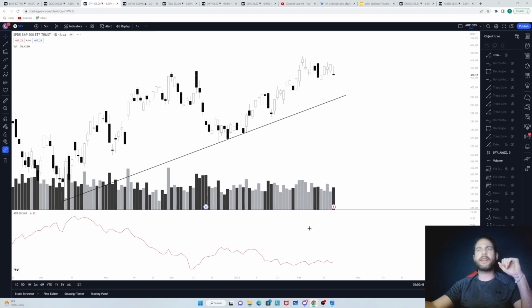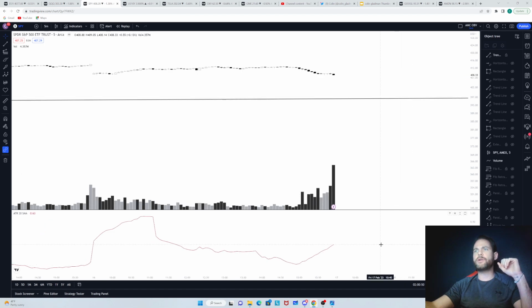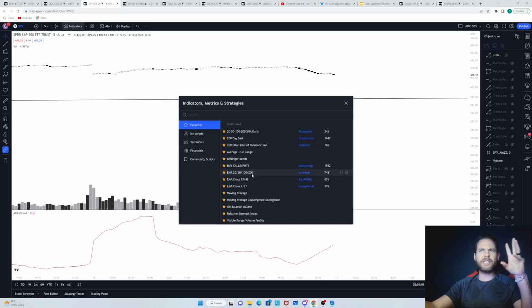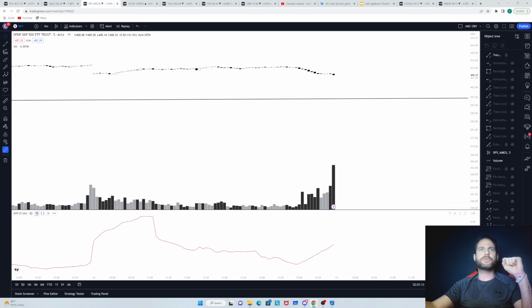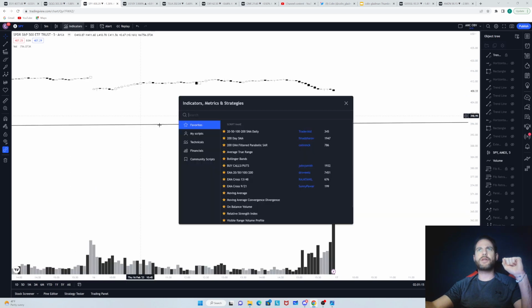The average true range will change with the time frame. If I'm making a smaller intraday trade on the 5 minute candles, the average move over the past month is about 0.63. Like I said, it's a great little tool. I'm probably going to do its own little video on it, but that is the average true range.